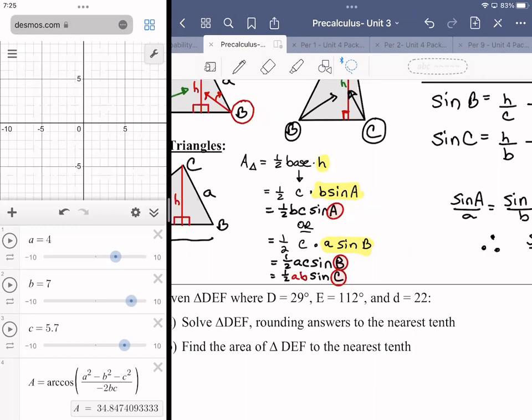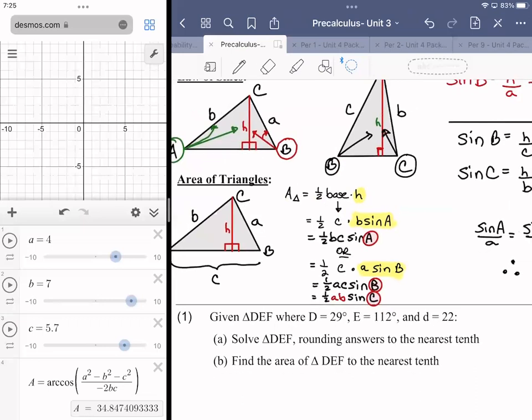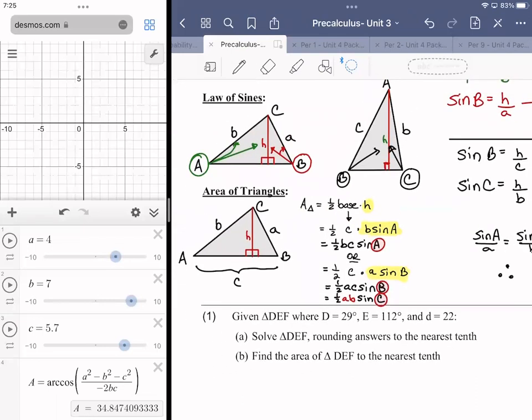So if you look at the breakdown, for example, 1/2 AB sine C. So here's A, here's B, and here's angle C. You notice how the angle itself is captured in between the two sides? If it has that SAS relationship, side angle side relationship, then you could figure out the area of the triangle.